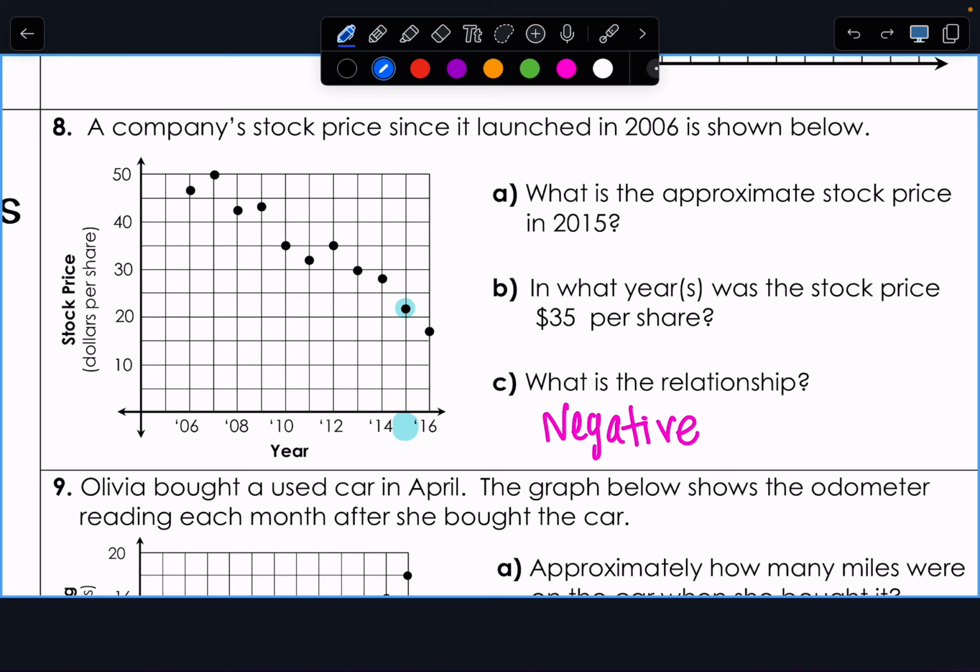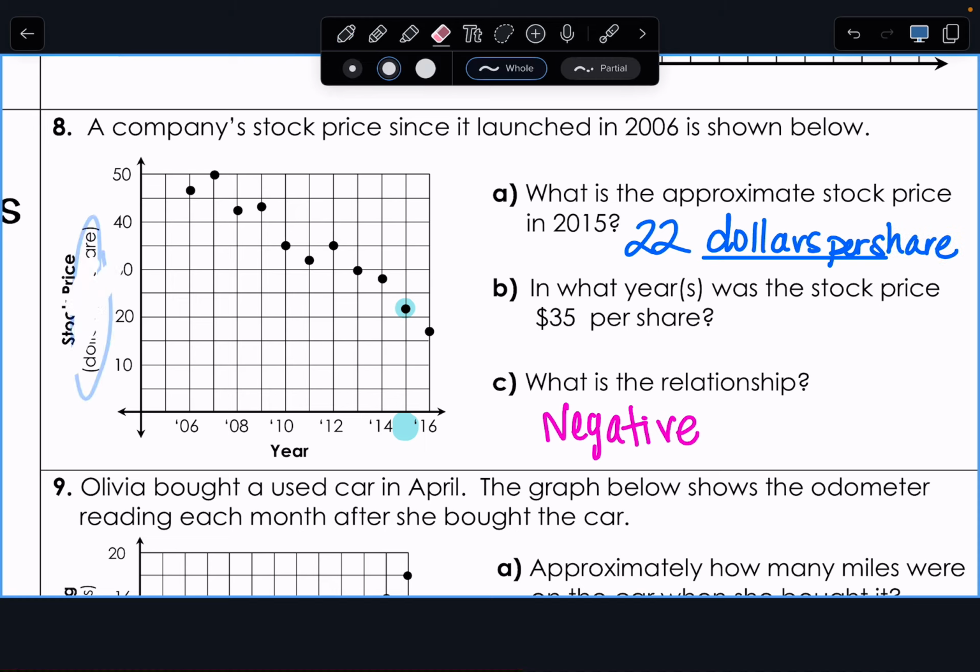I would probably even accept 23, even though I don't think it is. But I'm going to write 22. And what would be the label for my answer of 22? Look at this right here. Dollars per share.